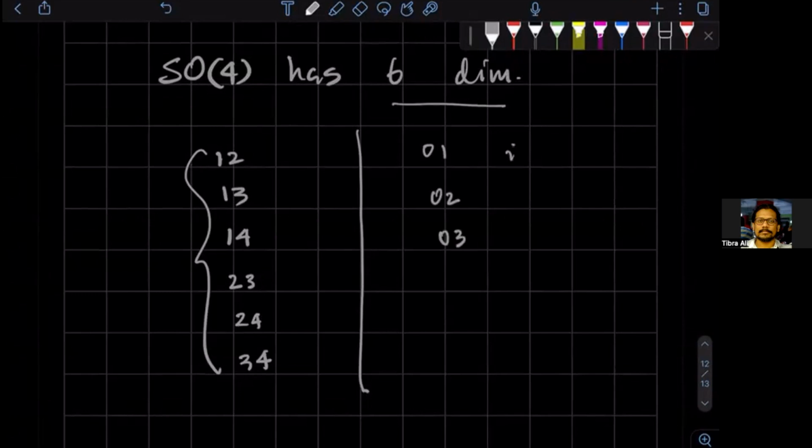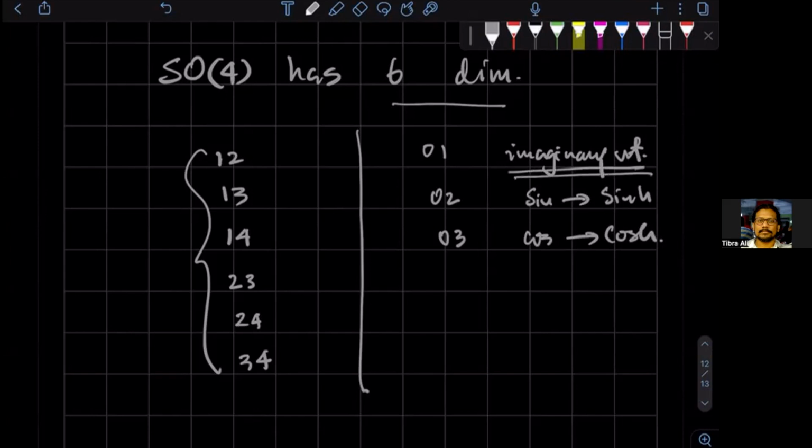These are imaginary rotations, so that what used to be sine becomes sinh, and what used to be cos becomes cosh. So the boosts can be thought of as some sort of imaginary rotation. And then we have the usual rotations between 1,2; 1,3; and 2,3. So this is SO(1,3).